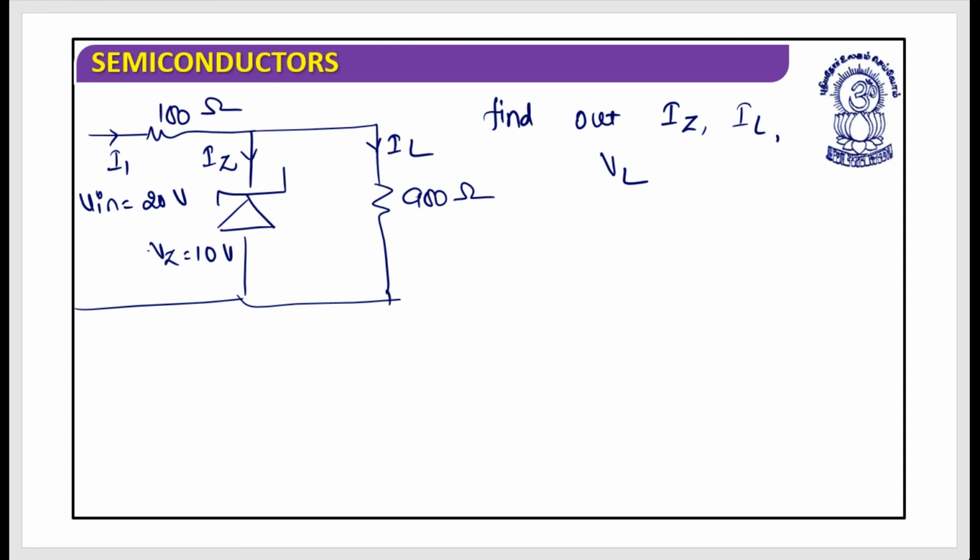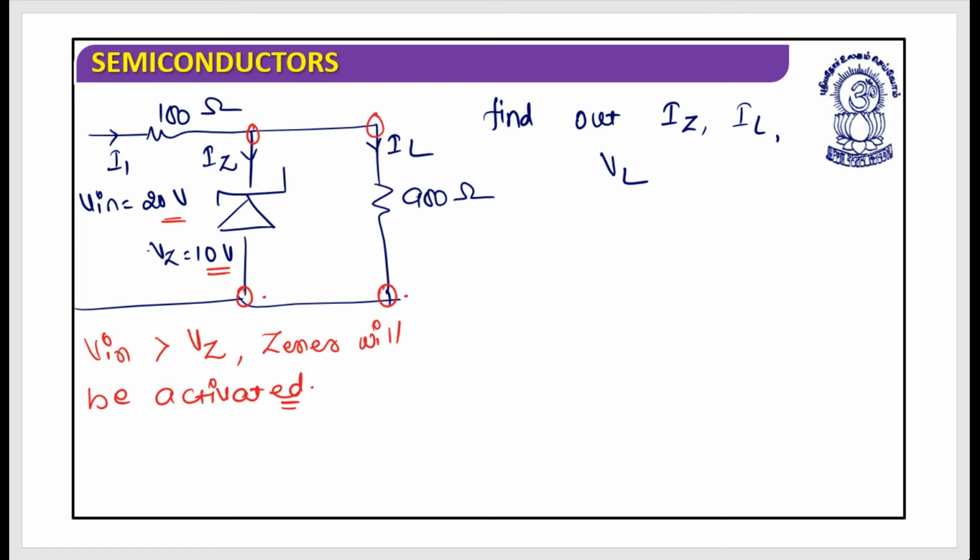So what is the situation? What do you think will happen? As you can see, this Vin is greater than Vz. As Vin is greater than Vz, the Zener will be activated, and as the Zener is activated, the voltage across it is 10 volt. So if the voltage across this is 10 volt, the voltage across this must be 10 volt, because these two are in parallel connection.